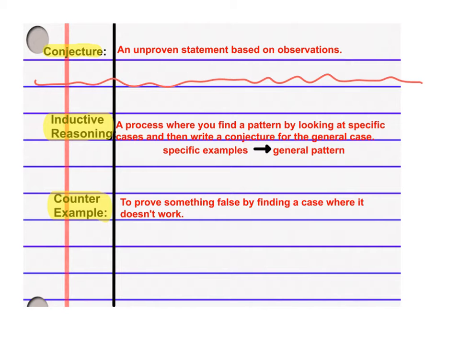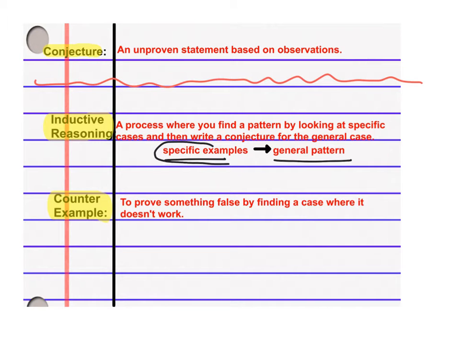Our second vocabulary word is inductive reasoning. For inductive reasoning, you find a pattern by looking at specific cases, so specific examples, and then you find a general pattern. For example, with inductive reasoning, you make an observation, a specific example.